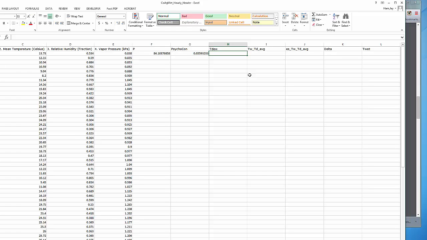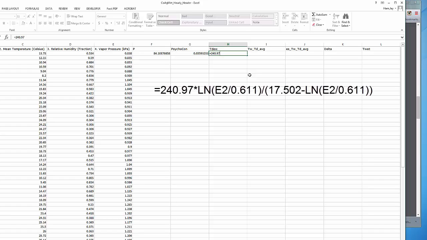This is going to be a function of vapor pressure, which we have over in column E. I'm going to use the Buck 1981 coefficients. Now I'm going to use the vapor pressure.